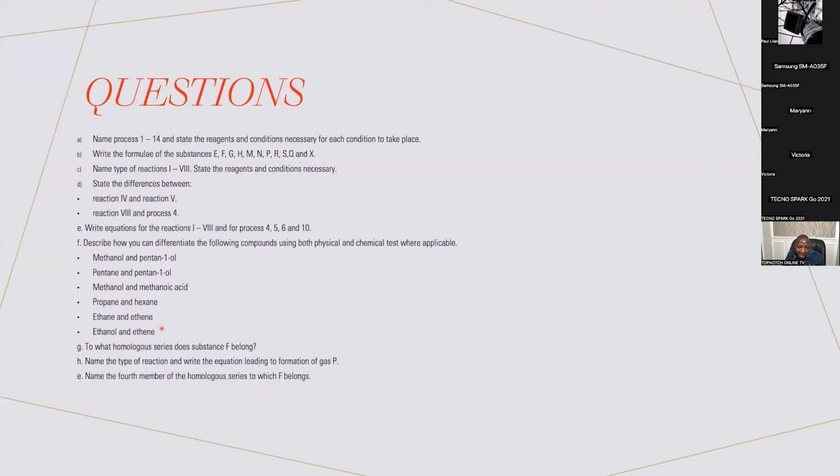Remember, potassium dichromate 6 only tests for ROH, so you use that one. You can also add sodium metal to each of them. In ethanol, there'll be bubbles of a gas, but in ethane, there'll be no gas formed. I'll be able to post more of the answers, possibly on my Twitter handle.